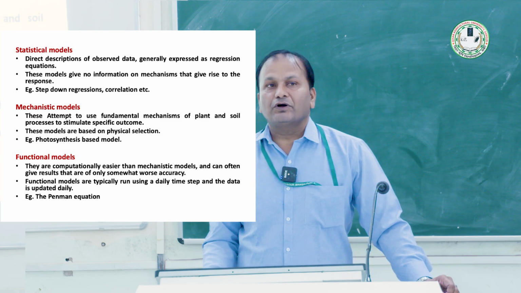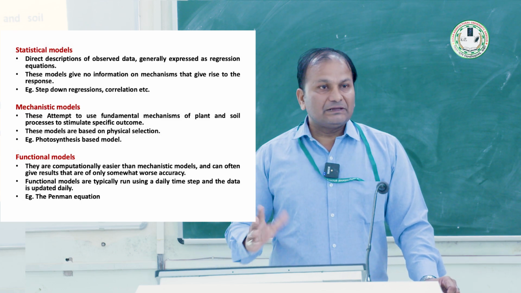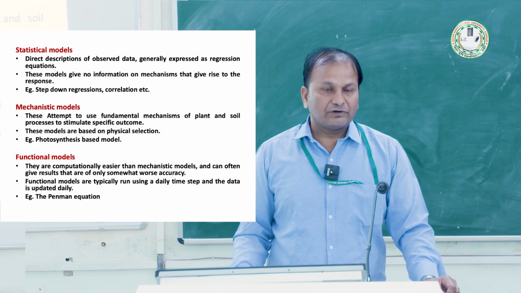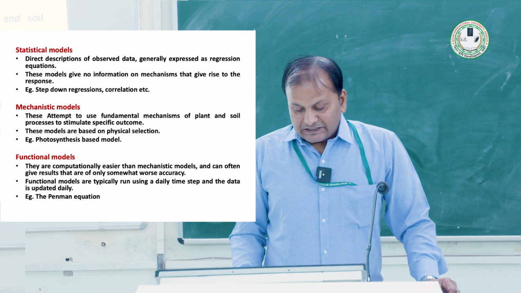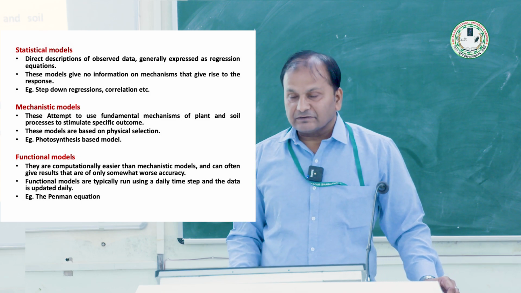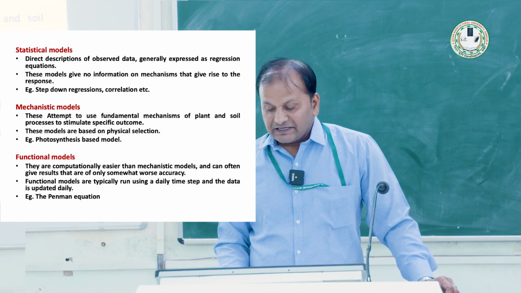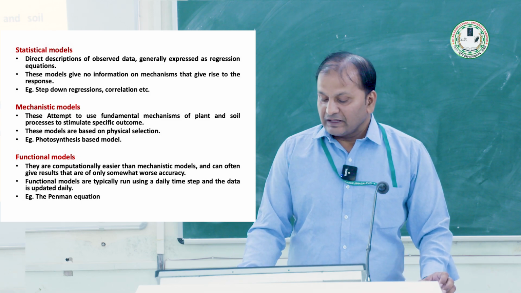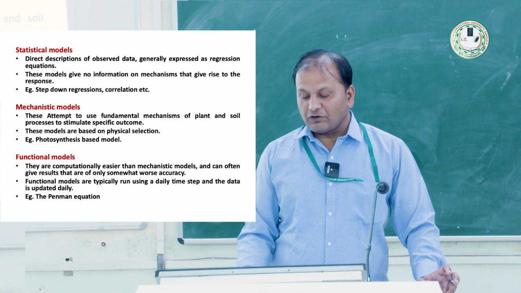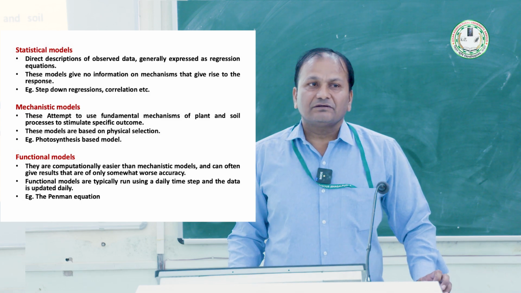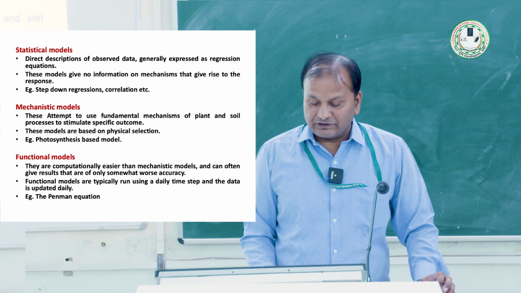Then functional models. Functional model means depending on the function, which type of function is being done in the plant, that is called functional models. They are computationally easier than mechanistic models and can often give results of only some accuracy, a little bit of accuracy, not good accuracy.